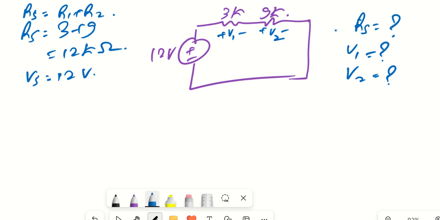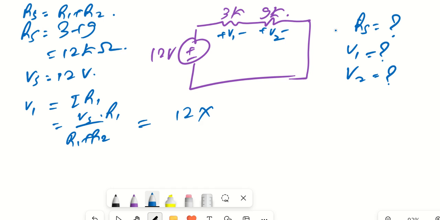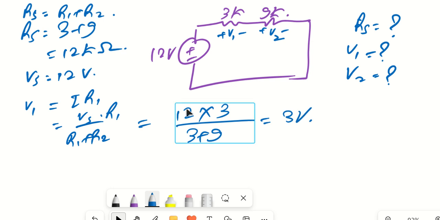V1 is nothing but I into R1, and I was Vs by R1 plus R2, multiplied by R1. So this is equal to 12 multiplied by 3 divided by 3 plus 9. That is going to be 3 volt, because 12 divided by 12 cancelled, so only 3 volt remains.